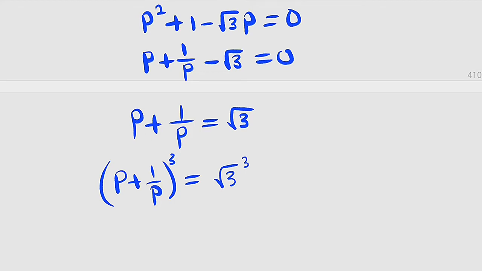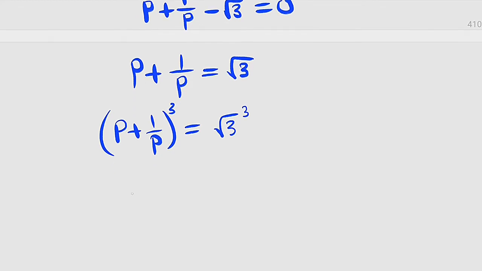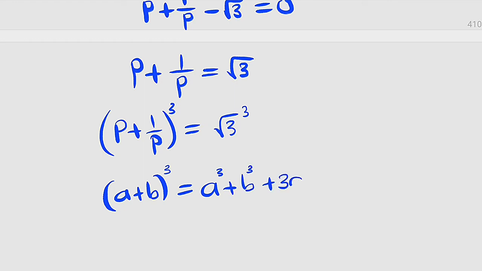But remember this binomial expansion. If you have (a plus b) to the power of 3, this is the same thing as a to the power of 3 plus b to the power of 3 plus 3ab multiplied by (a plus b).